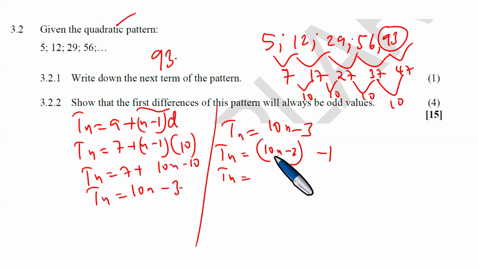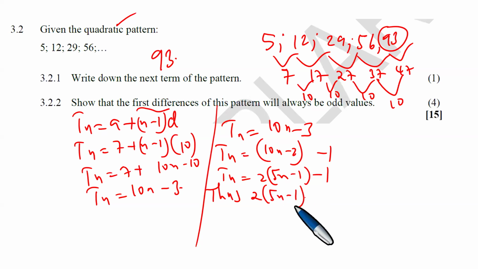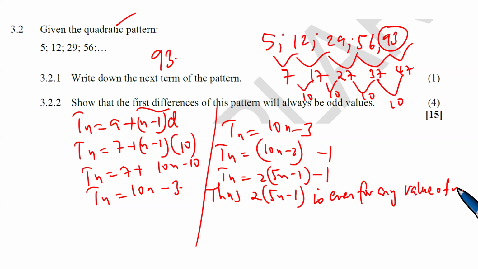Highest common factor of the two. What is the highest common factor of the two? Take out the 2, and then you have 5n minus 1. Now, at this point, we're able to note thus 2 into 5n minus 1. This one, because 2 is even for any value of n.